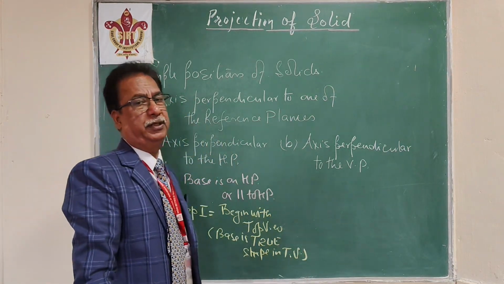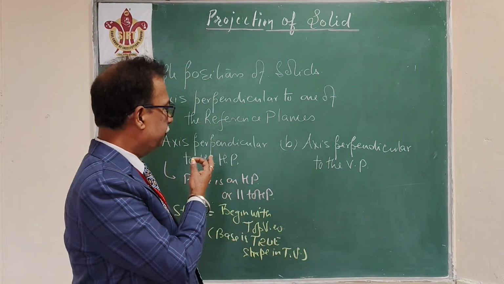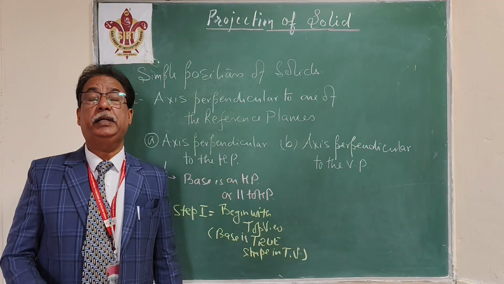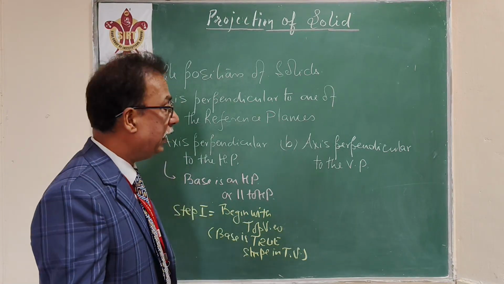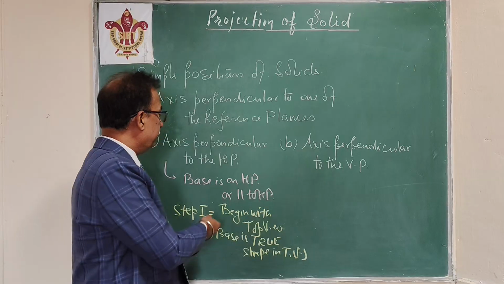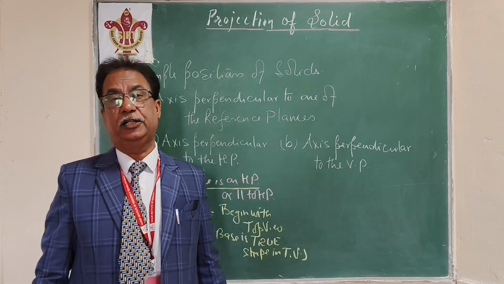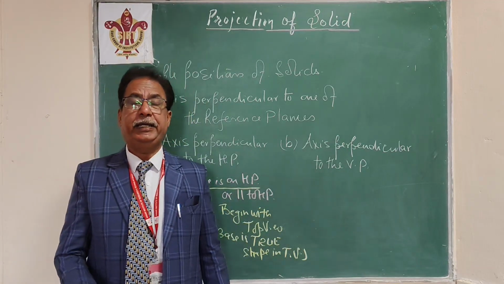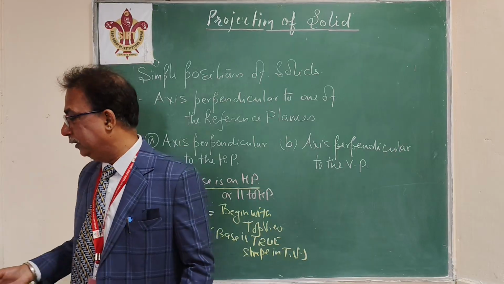This is the simplest position of a solid. Most of the time we choose this option, particularly in sections of solids or development. Even in isometric, normally we keep the solid so that the base is on the HP. Why would I hold the solid in space? The best option is keeping it on the HP.